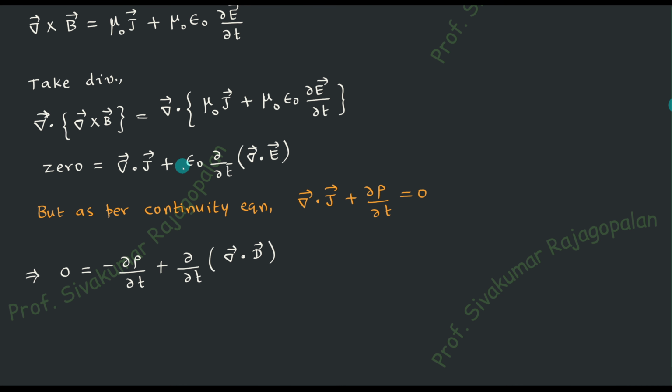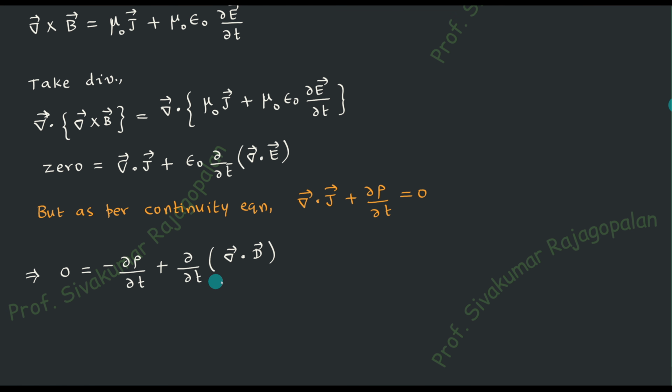There is a 1 here. 1 into epsilon naught. That 1 is actually epsilon r, the relative electric permittivity. So epsilon naught into epsilon r into E, that combination is actually the D vector. So the advantage is that this kind of symbols will disappear. That's the reason.